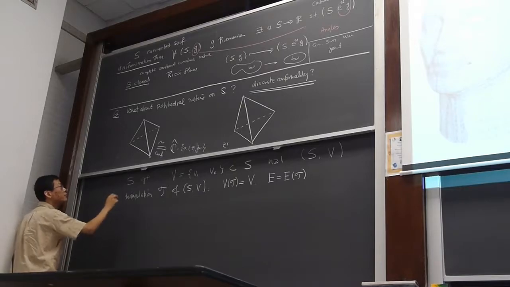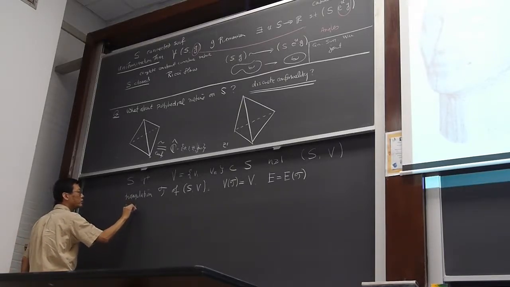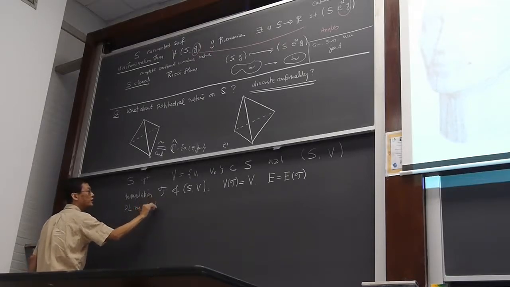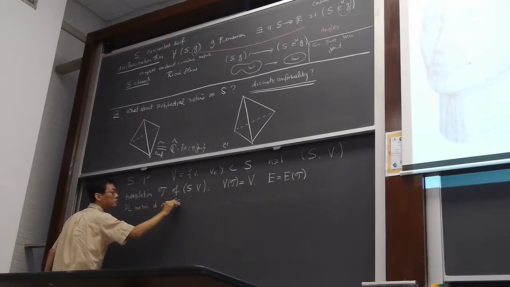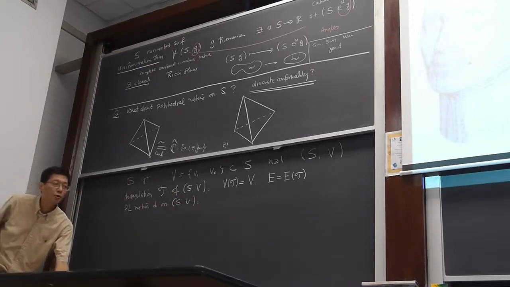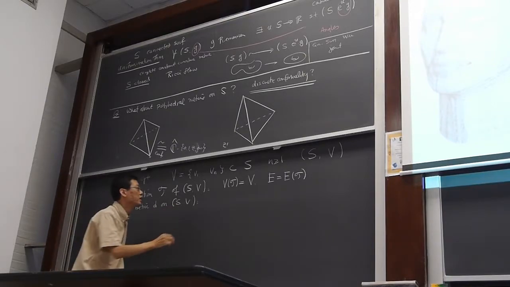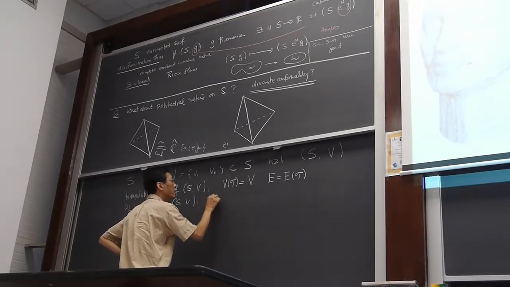So a polyhedral metric that we're going to talk about, I'm going to call PL metric for simplicity, G on the marked surface is, in simple words, really a flat cone metric. The cone points are inside V. So it's a flat cone metric.